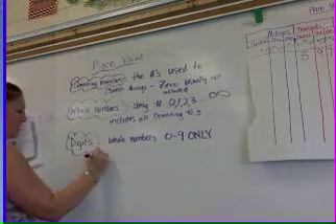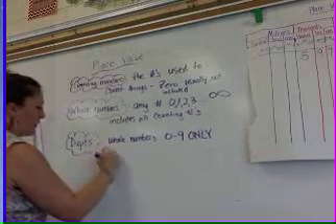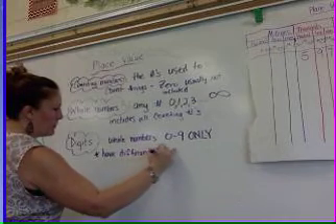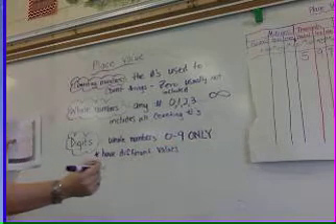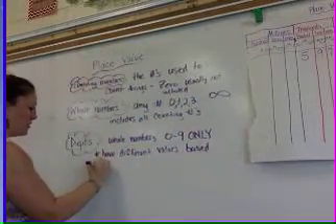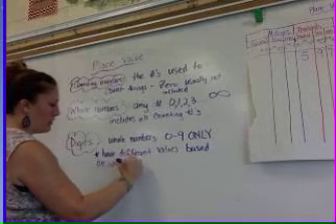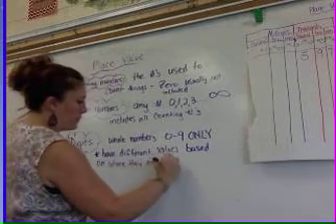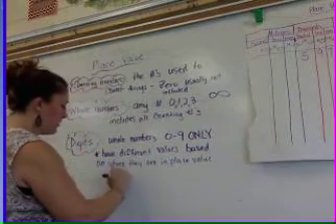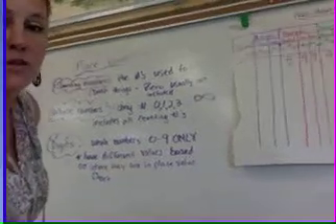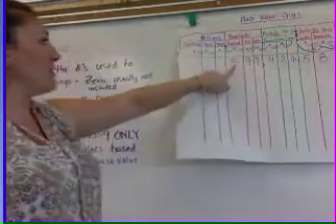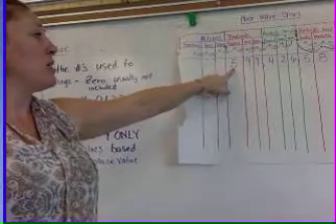And I want you to make note of the fact that they have different values based on where you put them in the place value chart. So, for example, if you're looking at my place value chart over here, if I have a 5 in the tenths place and I have a 5 in the 100,000s place, they are two different values.